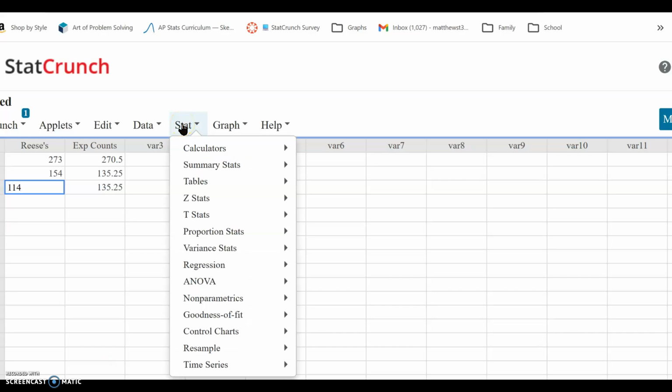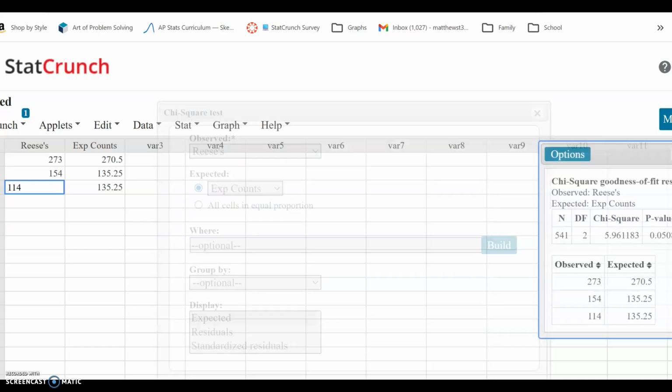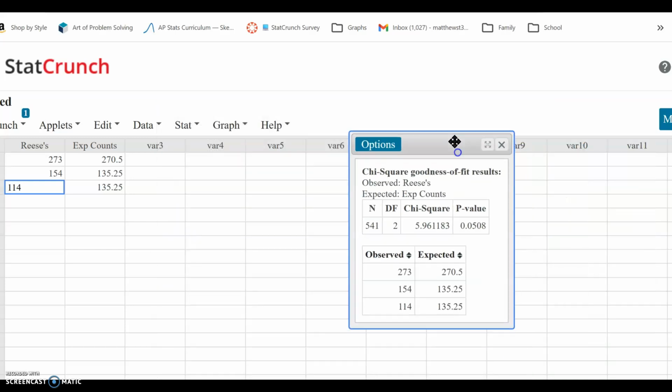To run chi-square test, you go to Stat, Goodness of Fit, chi-square test. The observed values are in Reese's Pieces. The expected, I put into expected counts. When I compute this, this is going to give me a test statistic of 5.961, as well as a p-value of 0.0508.